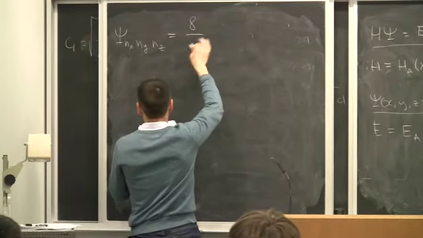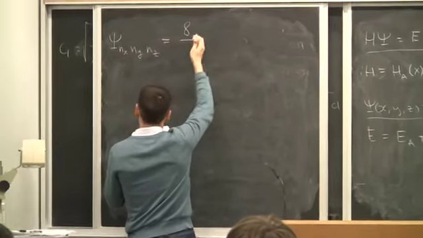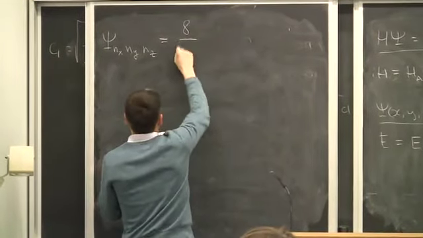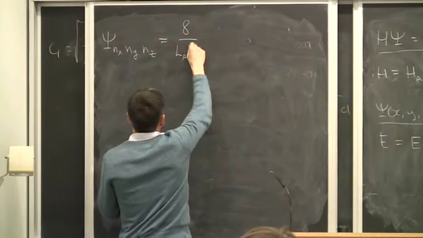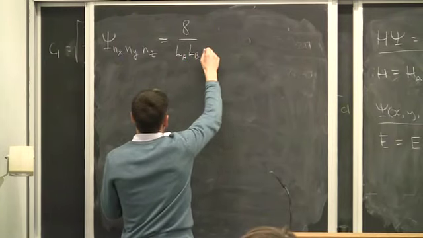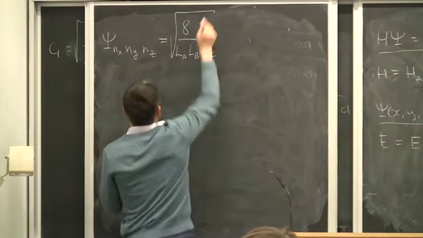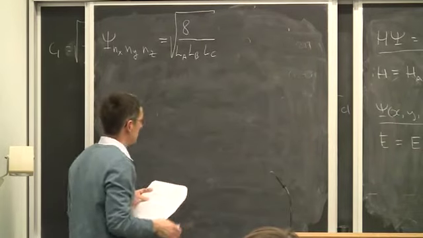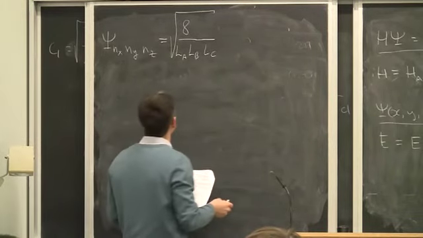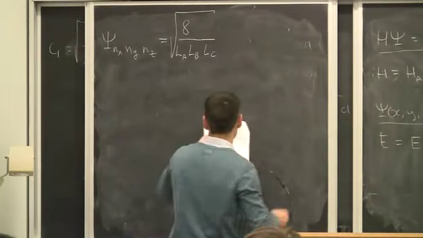And that will be, you kind of take these 3 normalization factors, one for each dimension, right? So one for each dimension was the square root of 2 divided by L. So you have 3 of them. You get the square root of 8 divided by the product of all the dimensions.